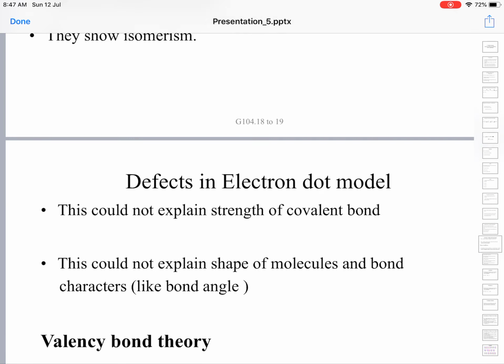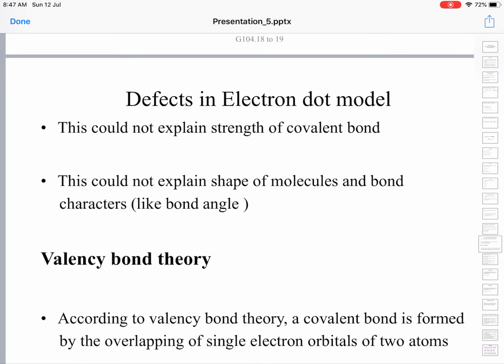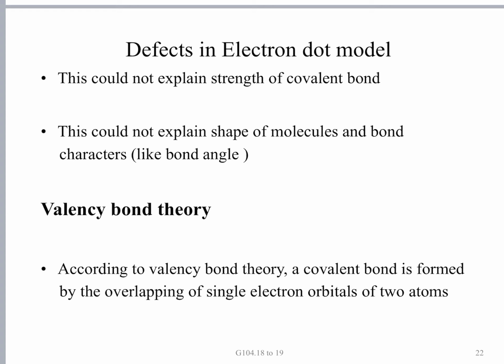Now let us see a few defects in the electron dot model, and what valence bond theory states about that. The electron dot model could not explain the strength of the covalent bond. It could not explain the shapes of molecules and bond angles.